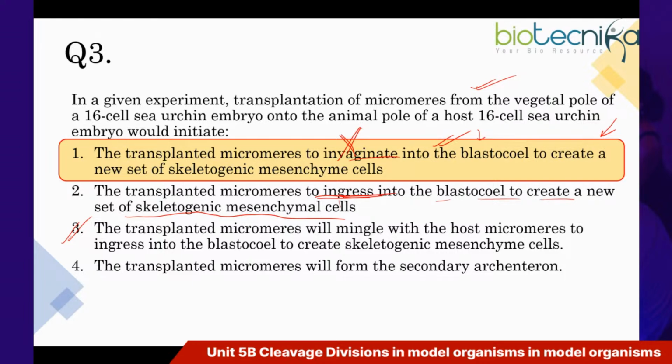So if you take them to the other side also, the transplanted micromeres will ingress only. You will find it in other research papers also. So accordingly, the second should be the right answer. But since CSIR has given this, I can't say number 2 here. Concept-wise, number 2 should be the answer.